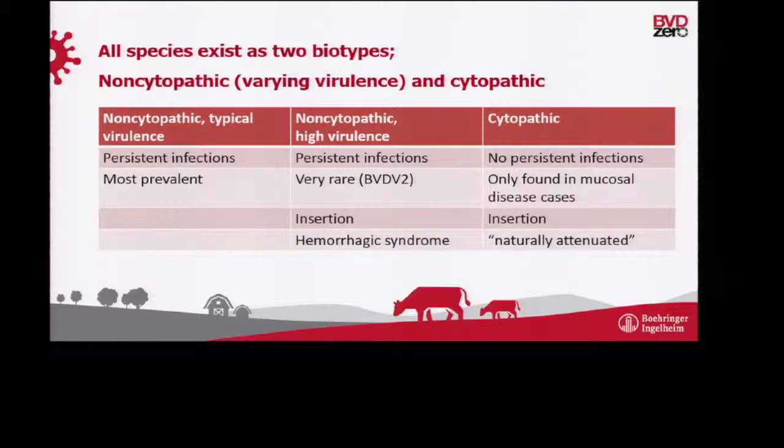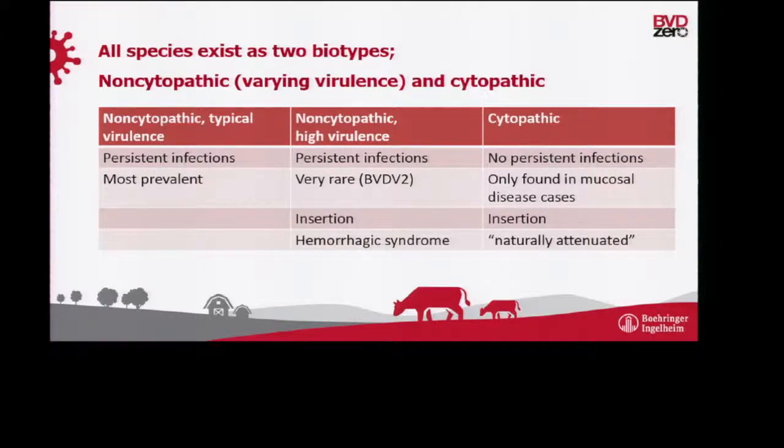So non-cytopathic typical virulence, and I will never refer to a BVD as avirulent, because they all cause immune suppression, and the non-cytopathics are capable of crossing that placenta. So even if they cause a mild disease in a healthy adult, doesn't mean that they don't have impact. So non-cytopathic cause persistent infection.